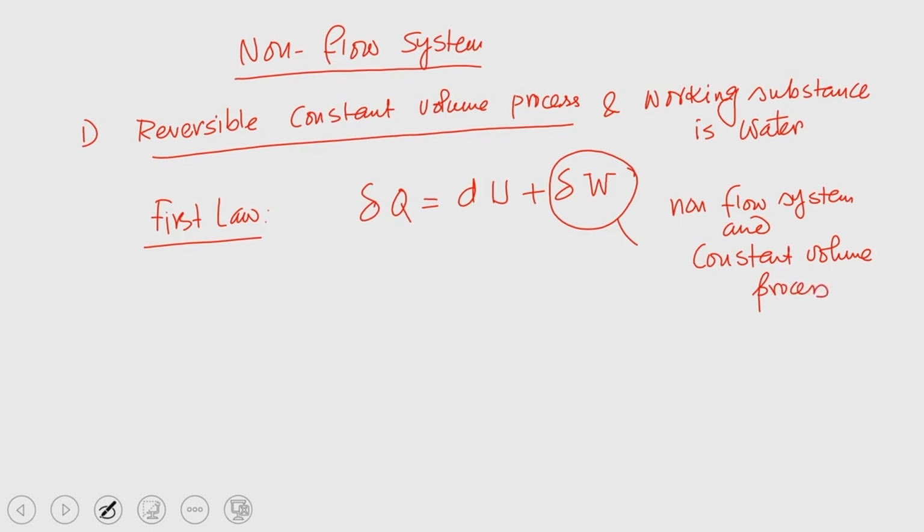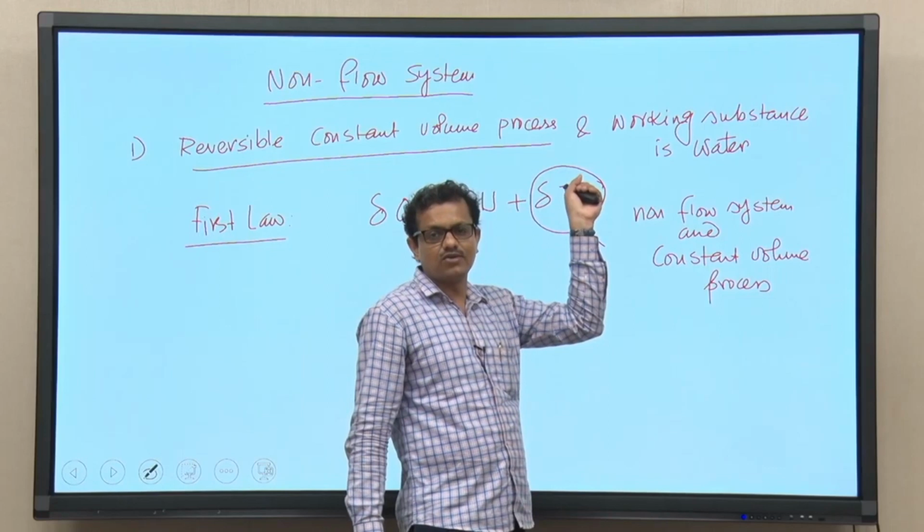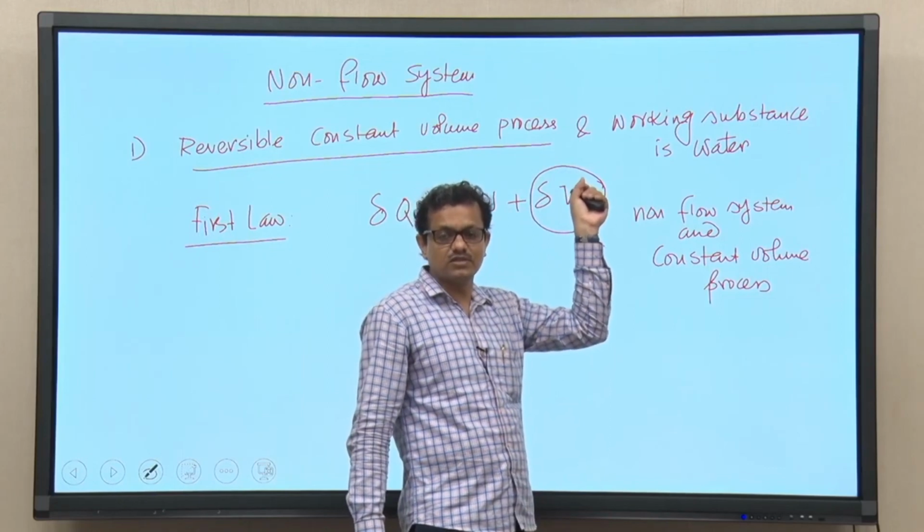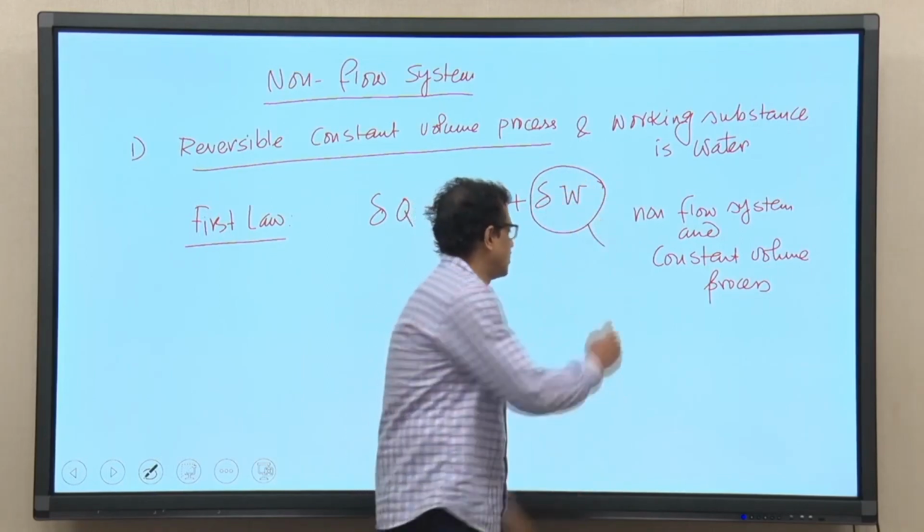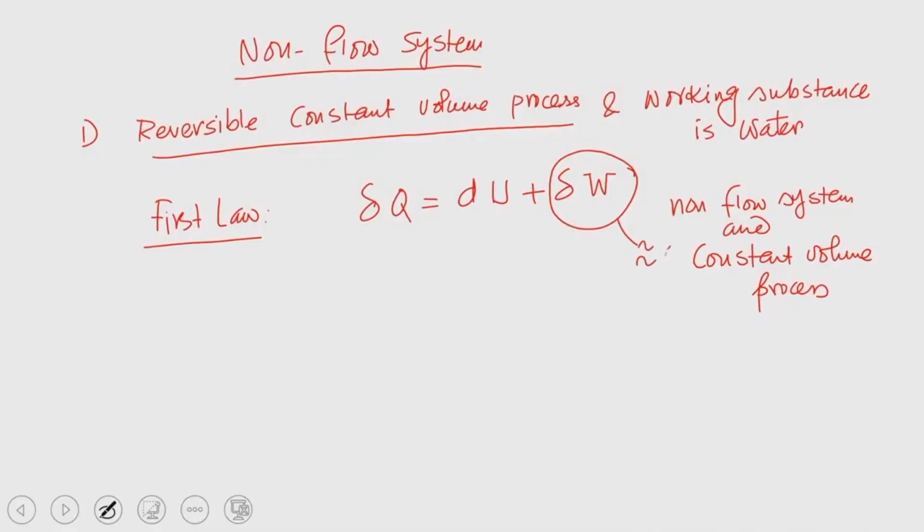For a non-flow system, if we consider the process to be a quasi-equilibrium process and the volume is constant, then delta W is equal to PdV, and that is equal to 0, because there is no change in volume. So we can write delta Q in specific form as dU.